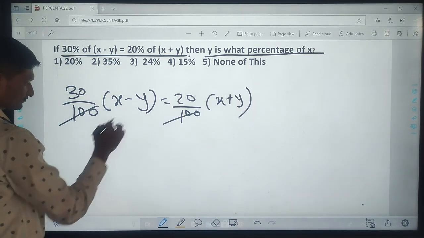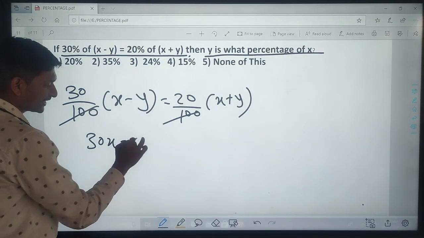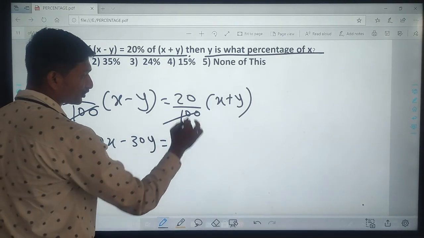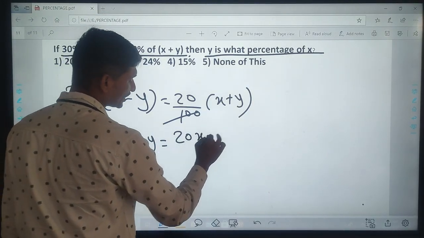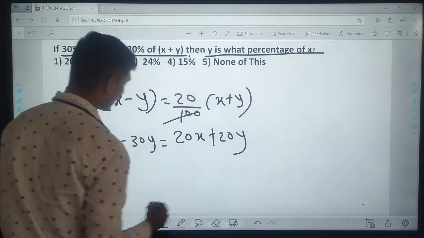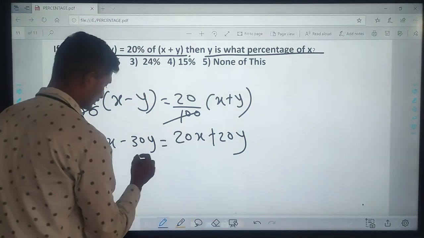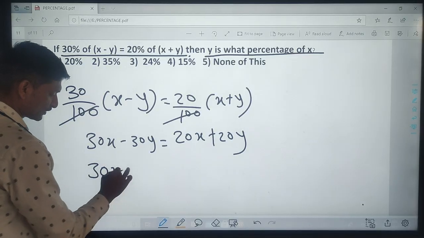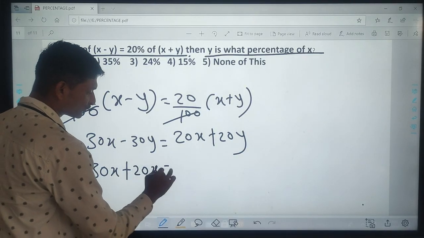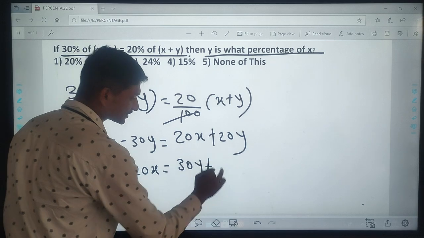Here 13x minus 13y is equal to 20x plus 20y. Now here x comes one side.